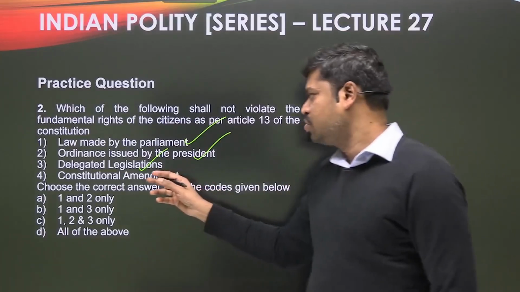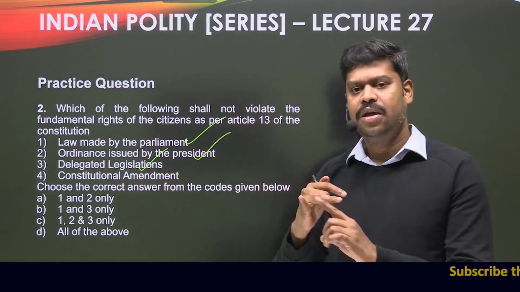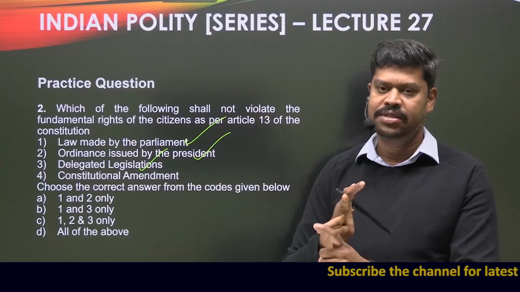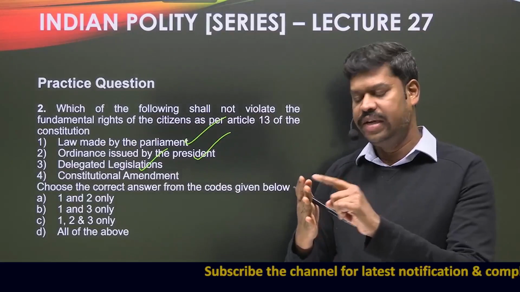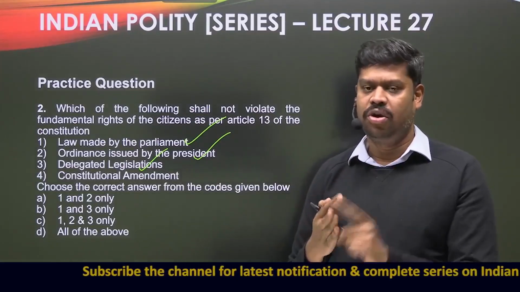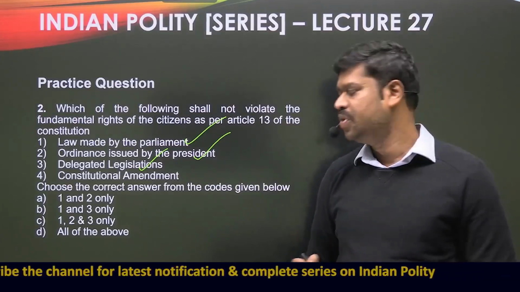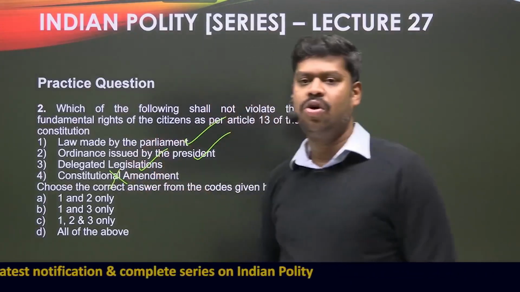And then constitutional amendment. So what are the things in Article 13? Laws made by Parliament and state legislature, ordinances issued by the President and the Governor, delegated legislations, and then non-legislative sources of law in the form of customs are also part of law under Article 13. But we have clearly seen a constitutional amendment is not a law under Article 13.